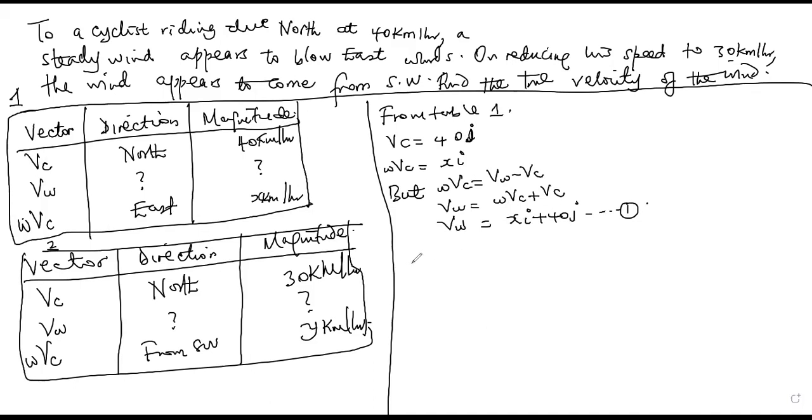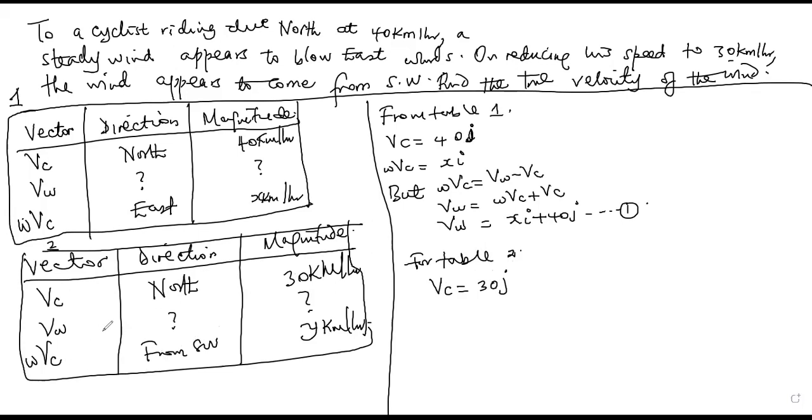Then for table 2, I can even summarize the way I've done this. The cyclist reduced the speed to 30 kilometers per hour. So the velocity of the cyclist is 30, but because of north, 30j.